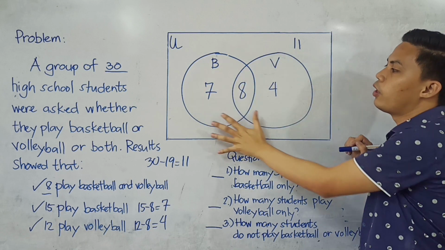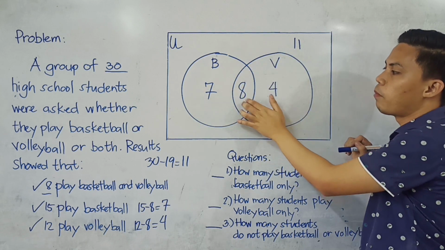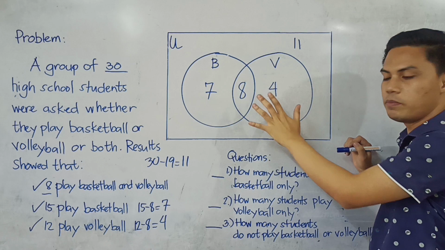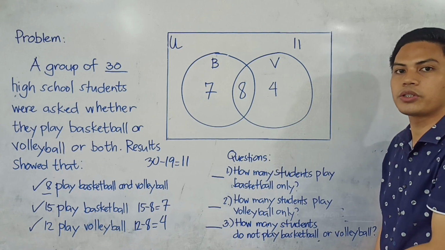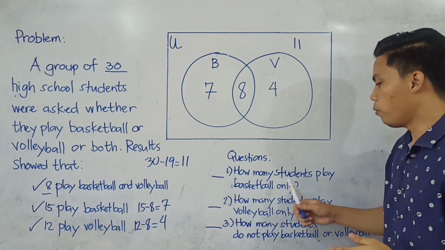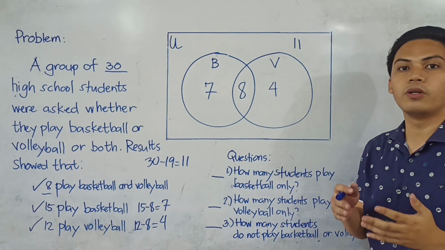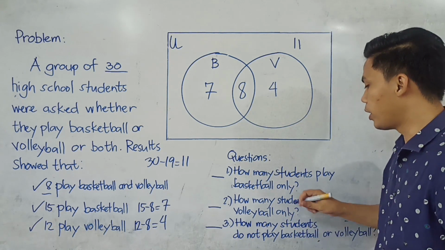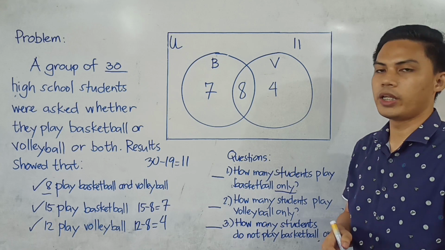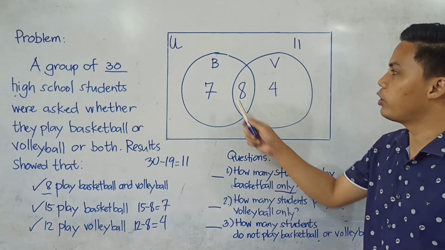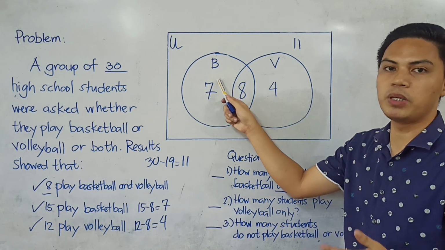So, after filling out the number of elements sa bawat region sa ating Venn diagram, let's answer now the following questions. Question number 1. How many students play basketball only? So, ang keyword natin dito is only. So, ang isasagot natin is yung nasa region na nasa set B only.